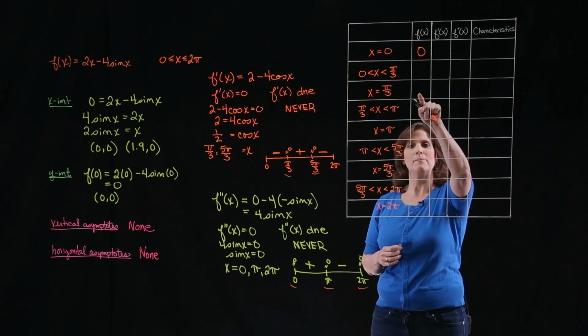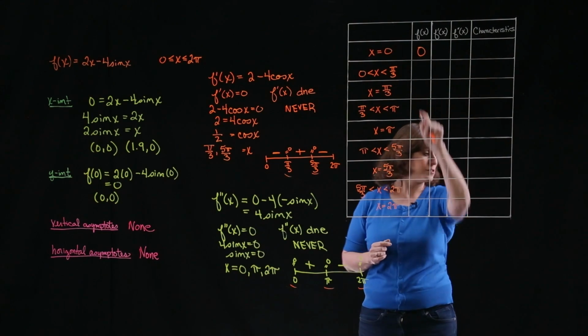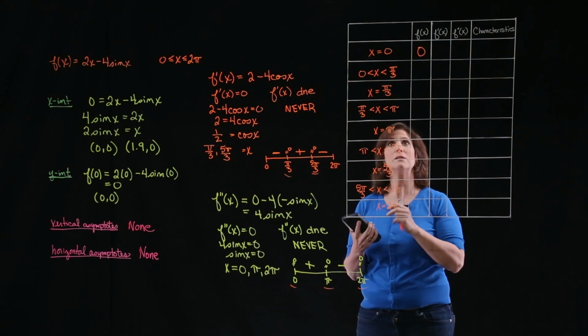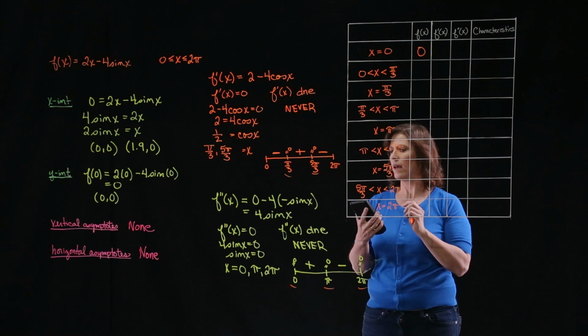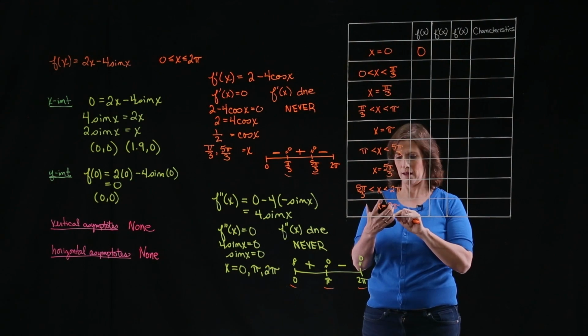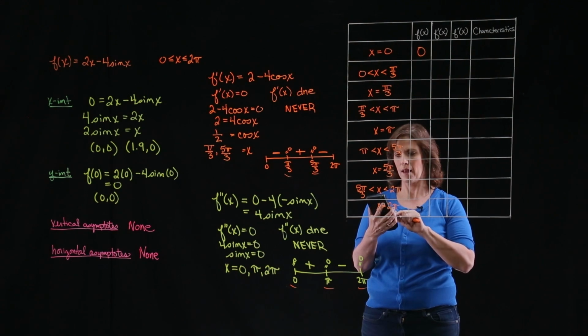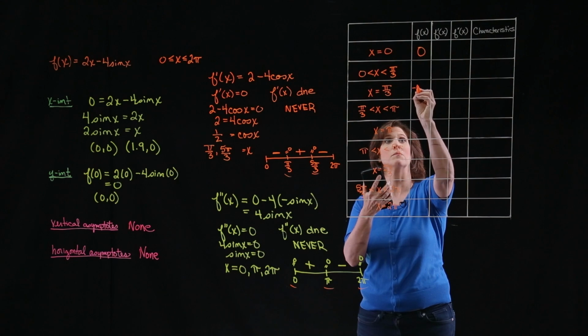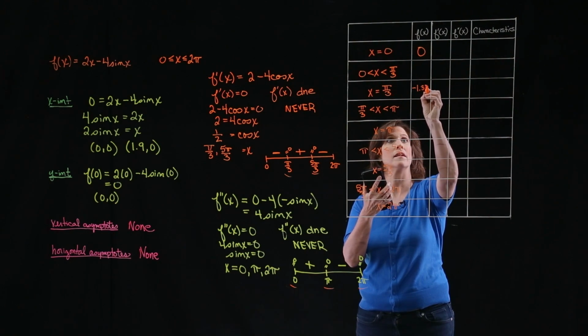I want to find out what happens when x equals pi over 3. So I want to calculate 2 times pi over 3 minus 4 times the sine of pi over 3. And when I do that, I get approximately negative 1.37.